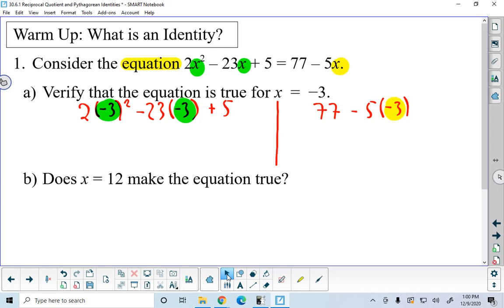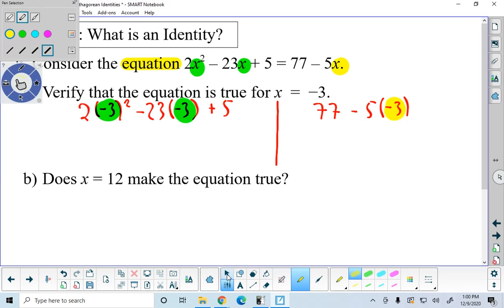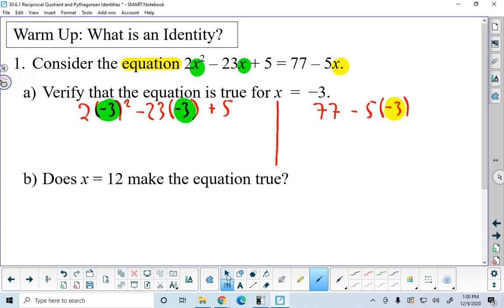Well, you guys start typing what you get for the left side in the chat, please. I'm seeing a bunch of 92s. That's good. And what is it you get for the right-hand side? You get 92 as well.